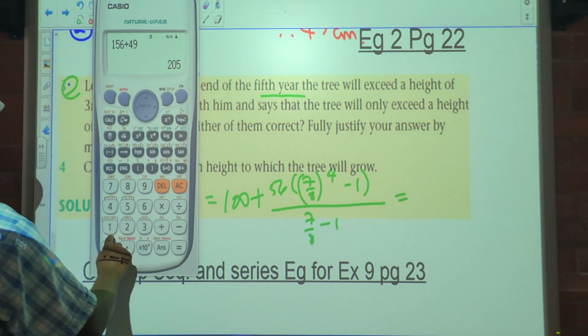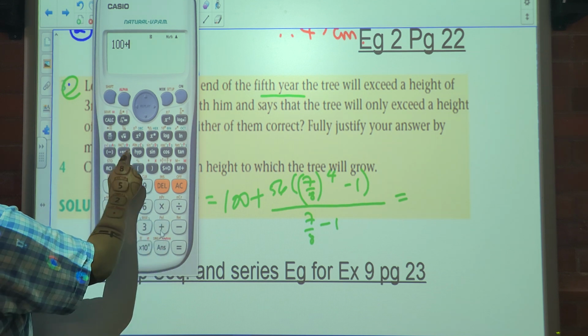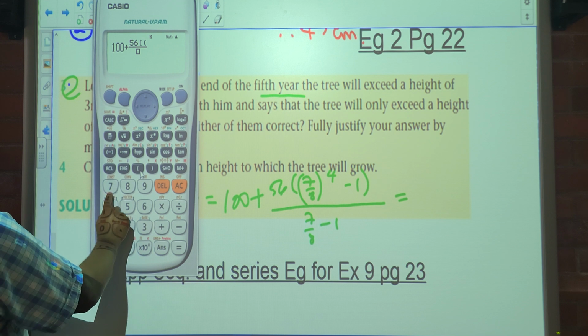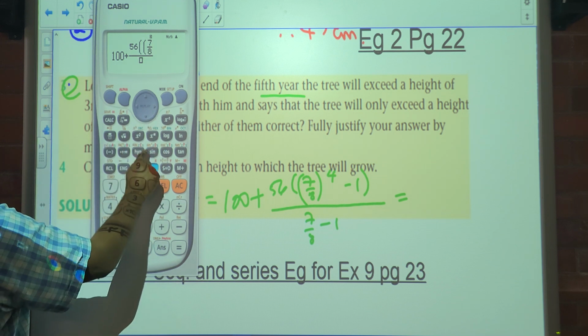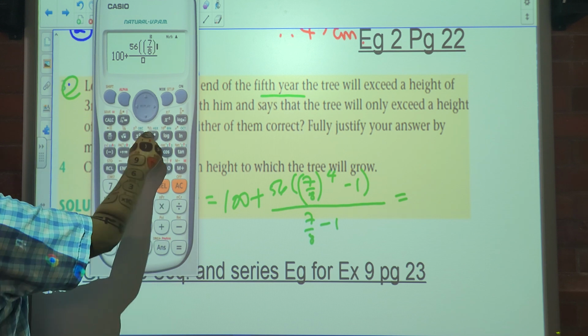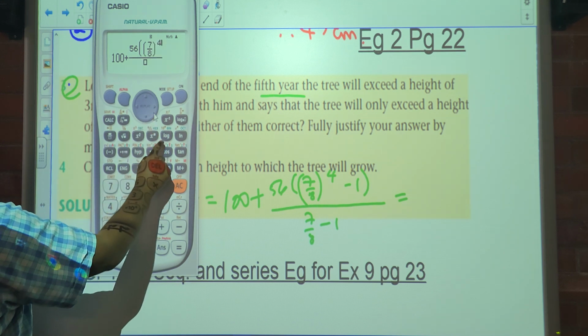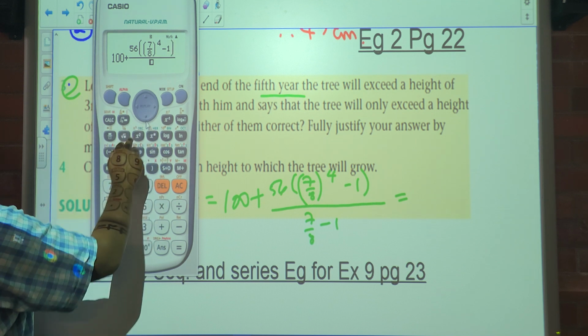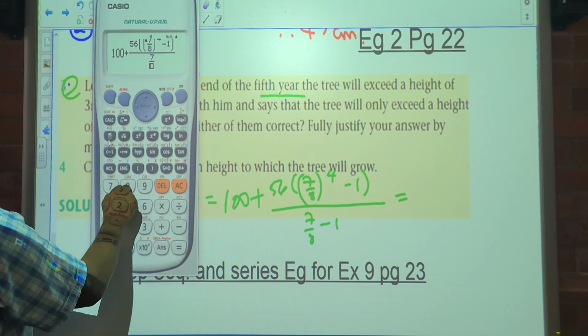Okay, so let's go. We say 100 plus 56 into 7 over 8 to the exponent 4 minus 1 over 7 over 8 minus 1.